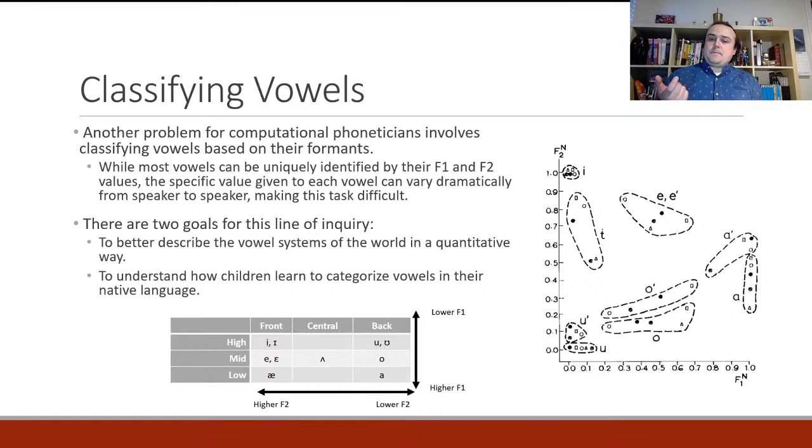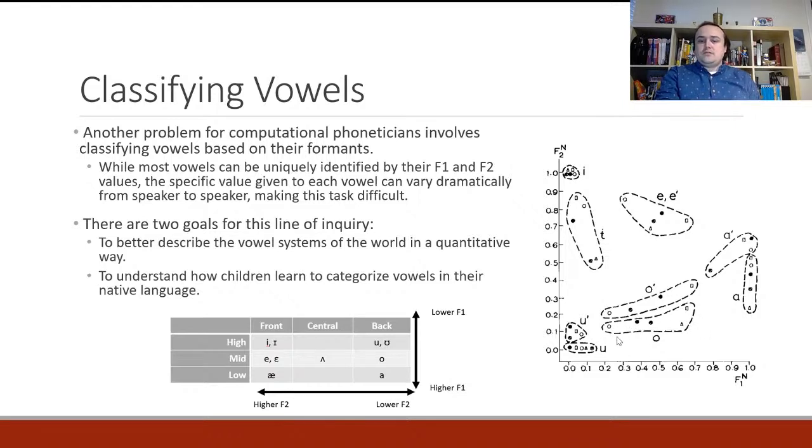But each dot is where a speaker's average F1 and F2 were for that vowel in an experiment that was run decades ago. This is an older paper I dug up. But what this is meant to show you is just how much speakers can vary. So here you've got the vowel E, and the speakers all kind of agree on what the F1 and F2 should be for the vowel E. But for the vowel O, here, the speakers vary really widely.